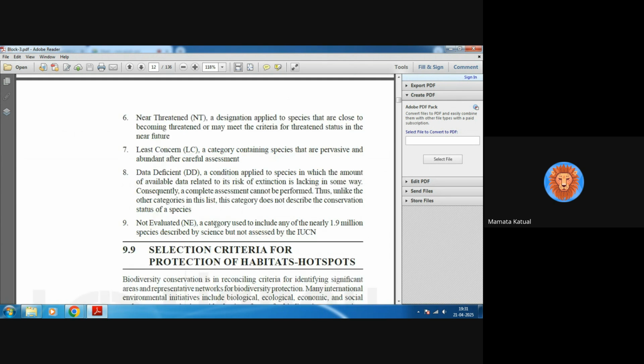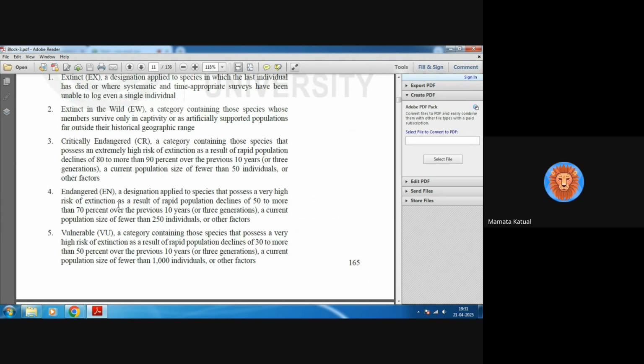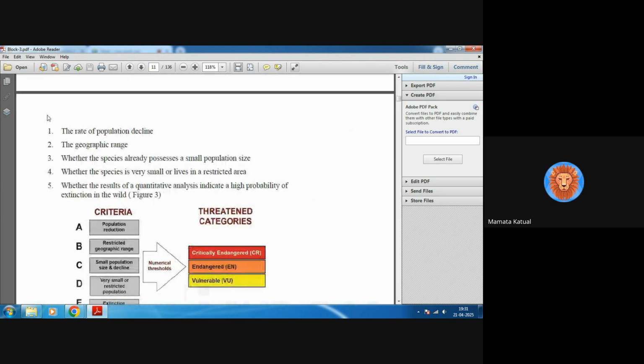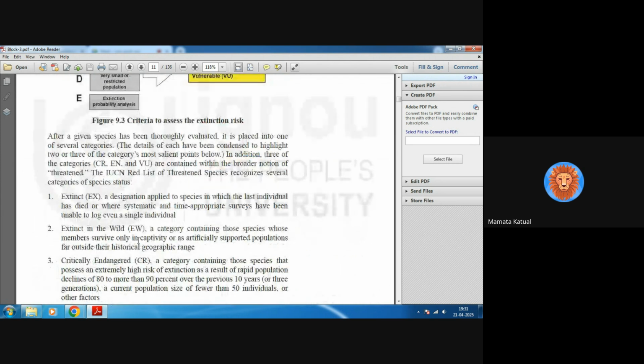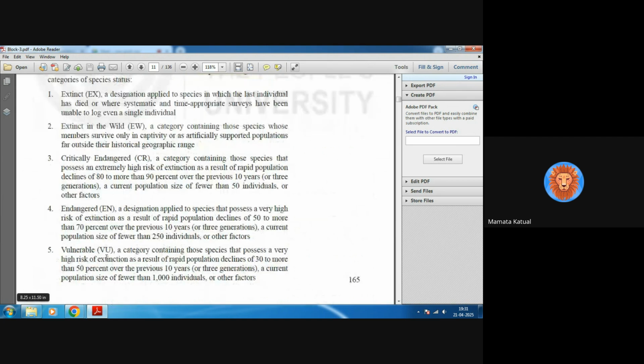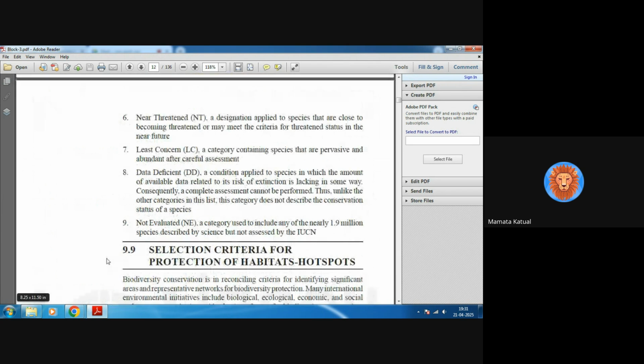Then there is another category, that is data deficient. That means there is a study, there is an assessment. To keep in any category, we have to assess according to these 5 categories. We have to evaluate thoroughly, and then only can you keep it in any of the groups, the 7 groups.